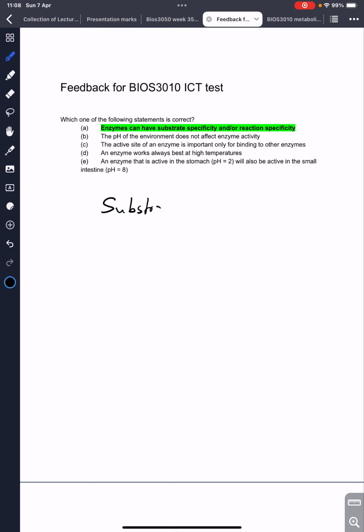So the enzyme can work on, say, DNA or on a small molecule, like, for example, pyruvate. So they are very specific for the substrate, and they can also catalyze specific reactions.